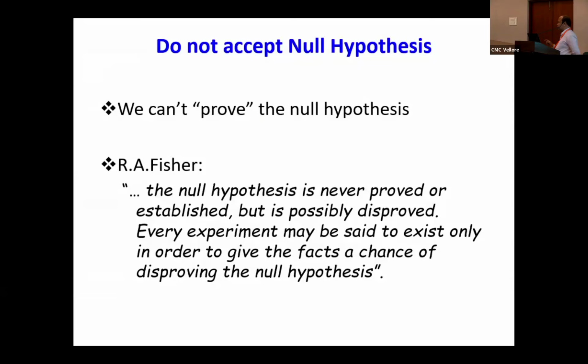How do you prove that A is equal to B? At the time, it was not evolving, or they had not read about it. So this is from R.A. Fisher, the father of statistics. The null hypothesis is never proved nor established. Never proved. Please remember, you can't prove the null hypothesis. Therefore, you cannot accept the null hypothesis.